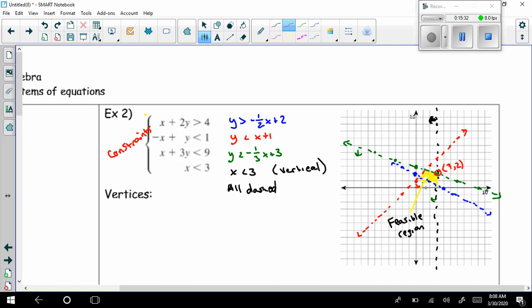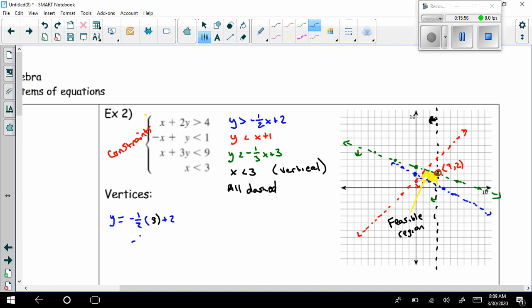So where blue crosses the black is probably the easiest one to solve because it's just substitution. So I'm going to switch this out for equals, -1/2, and I'm going to replace this with 3 plus 2, and I'm going to solve this out.